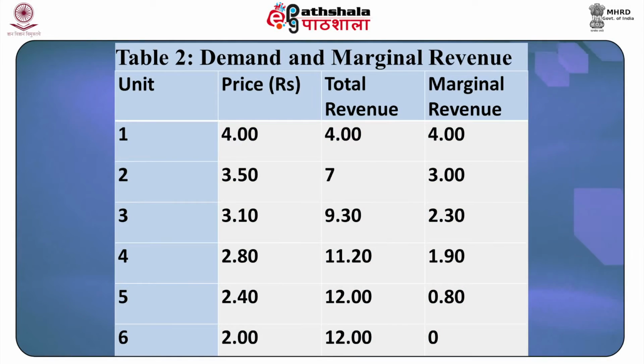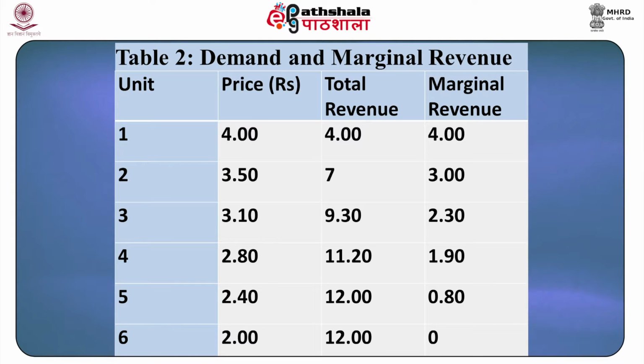This can be seen via the example in table 2 above. For the first unit in the table, P is equal to MR is equal to 4 rupees. Now, as the price is lowered to rupees 3.50, it is reduced for the first as well as second unit. So, MR for the second unit, that is the price minus reduction in price to sell this second unit, that is 3.50 minus 0.5 is rupees 3.